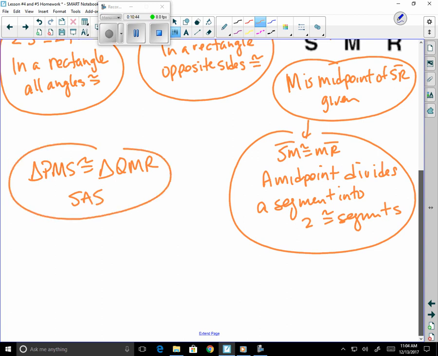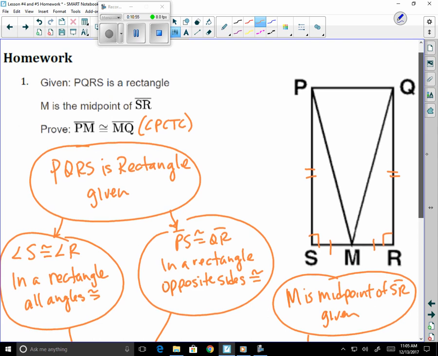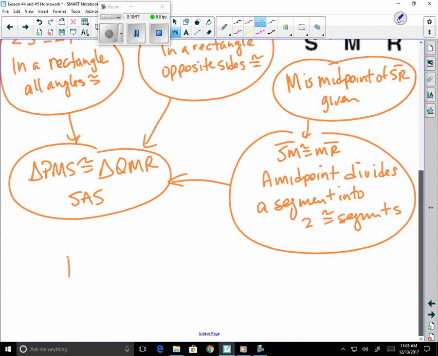And I know I have an arrow from each of those bubbles that I got to get to there. So now that I know that the two triangles are congruent, I know all of their corresponding pieces, including PM and QM, are congruent by CPCTC.